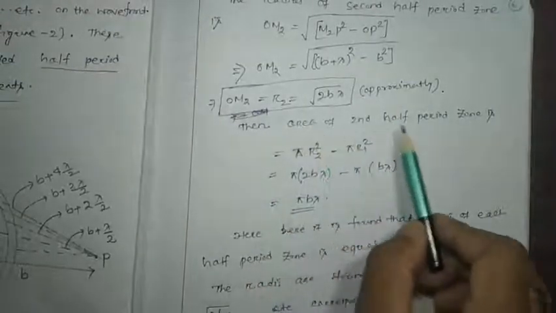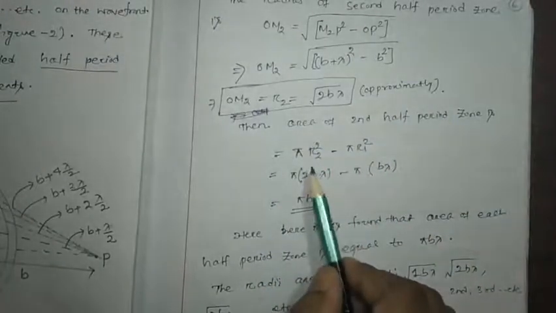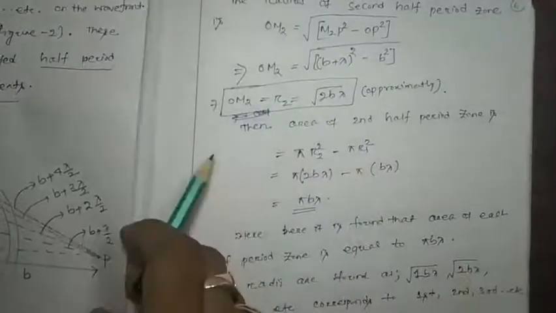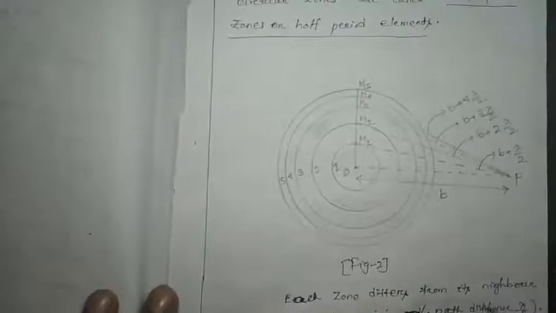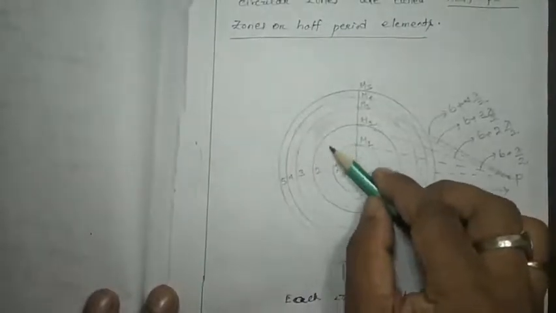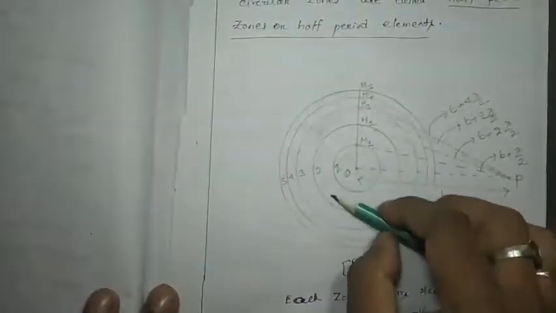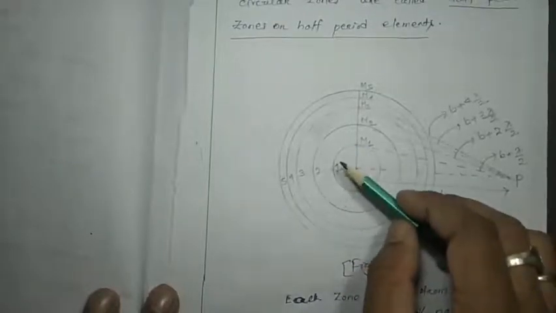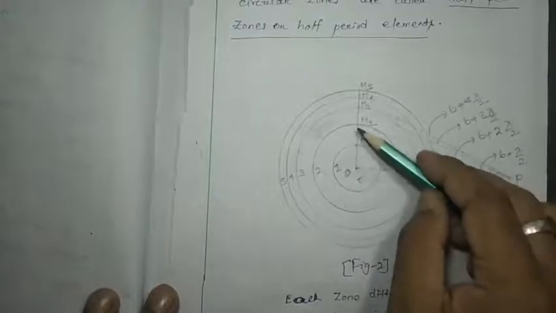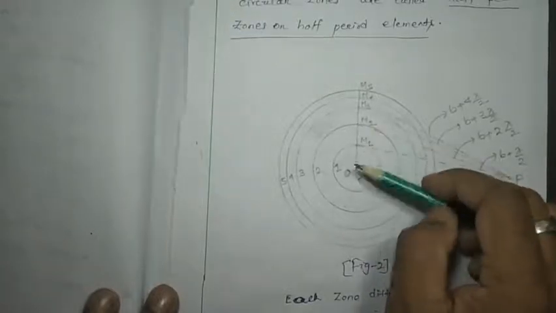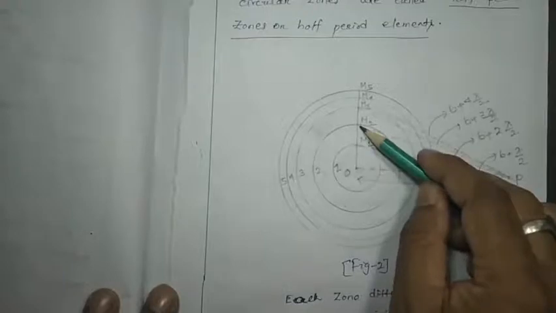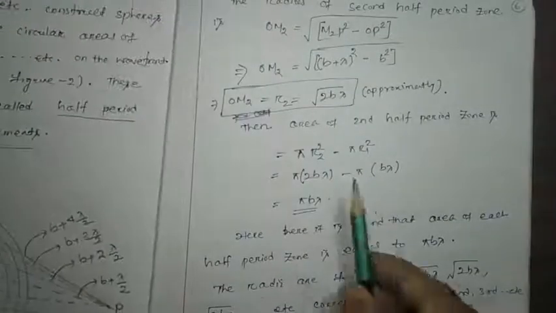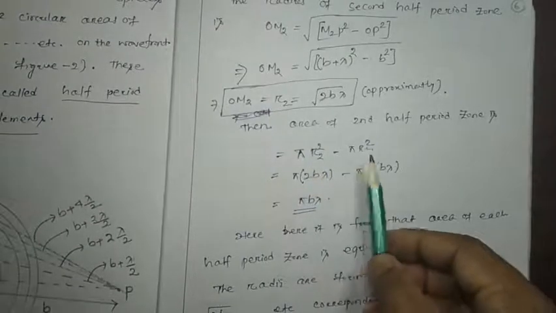Then the area of the second half period zone will be pi r2 squared minus pi r1 squared. The area of the second half period zone means the area of this annulus. This area of this annulus is nothing but pi OM2 squared minus pi OM1 squared, or pi r2 squared minus pi r1 squared.